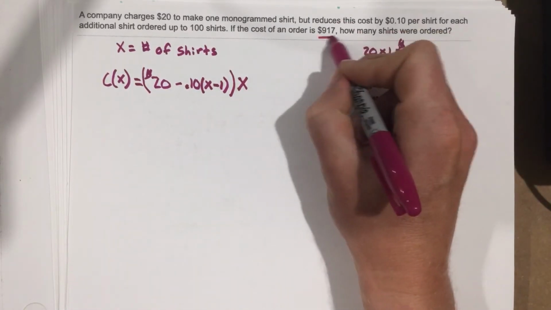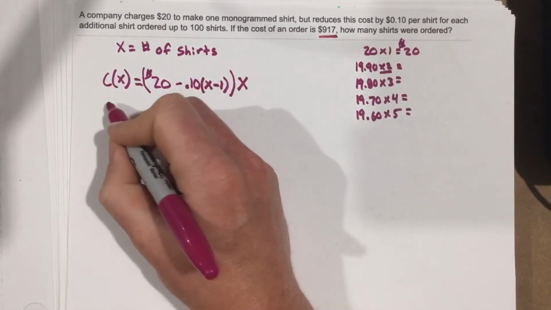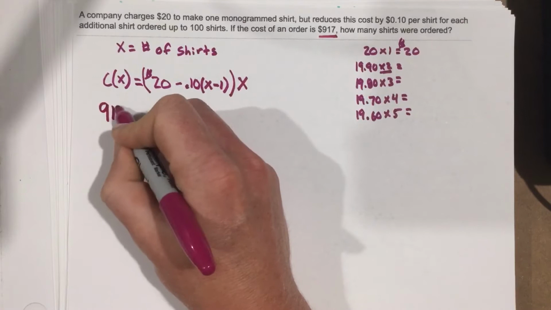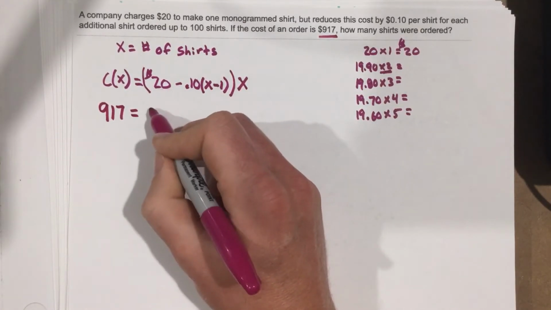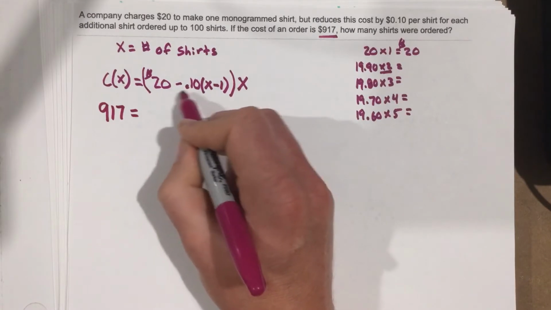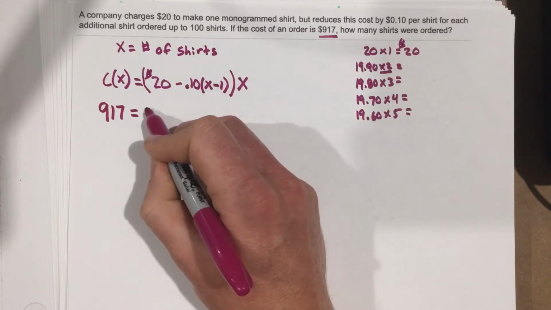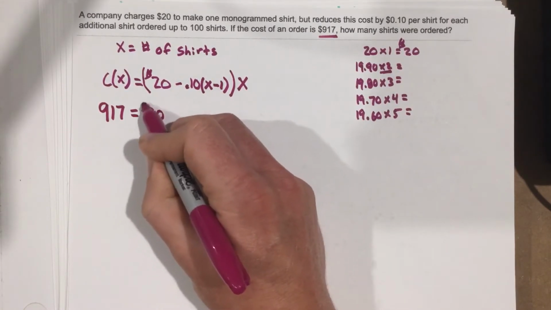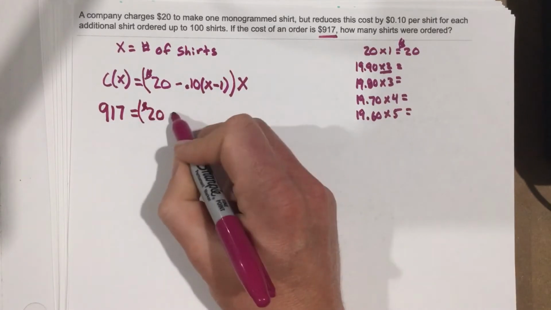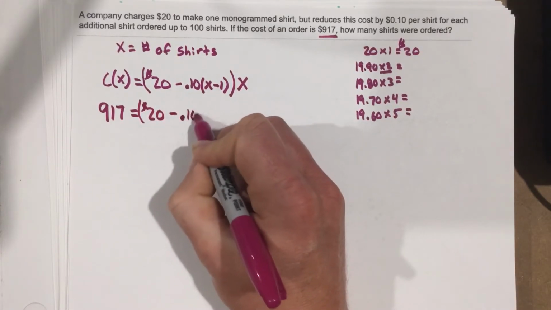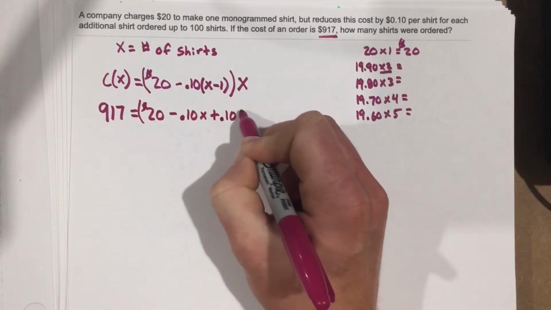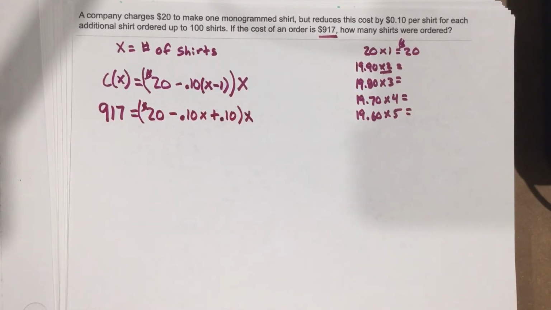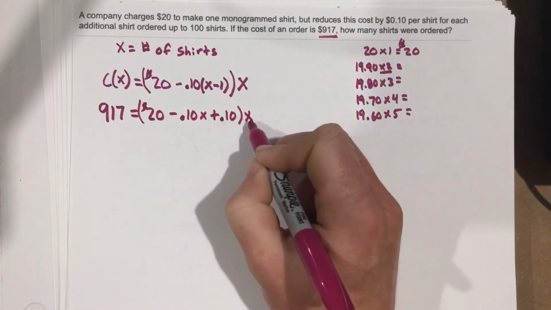Now they tell us the cost is $917, so I'm going to set this equation, 917 equal to 20, and I'll start to distribute here to solve. This is $20 minus 0.10x plus 0.10 times x. Remember, we're trying to find x.